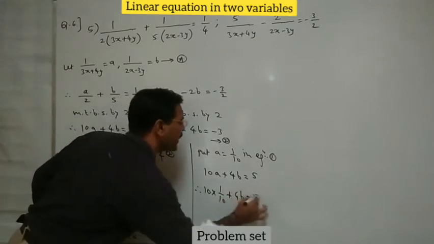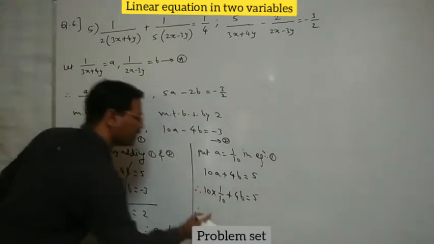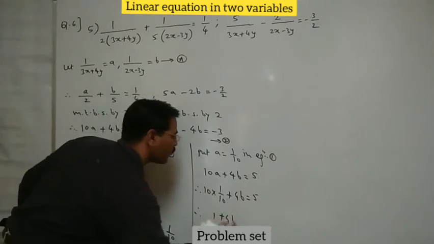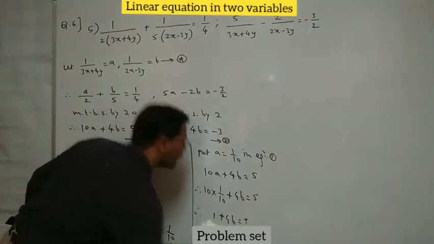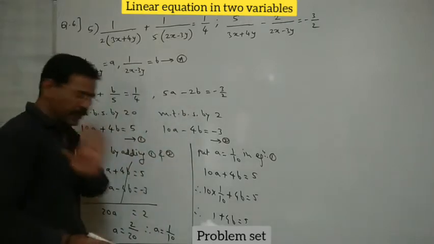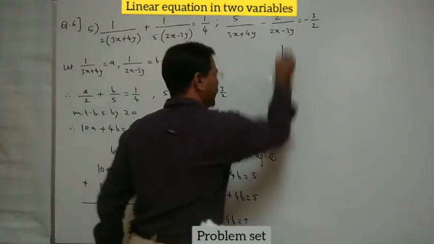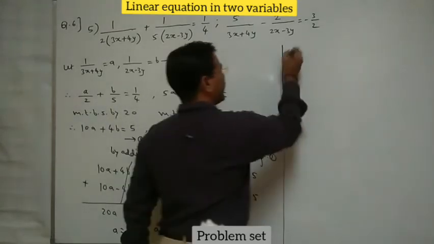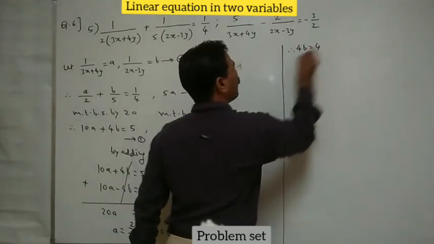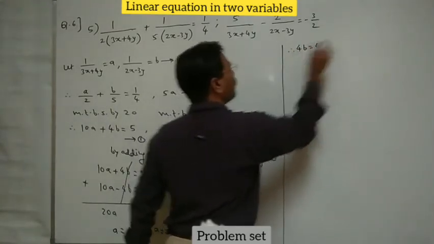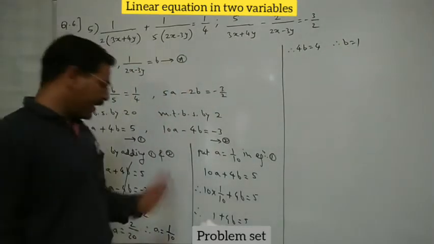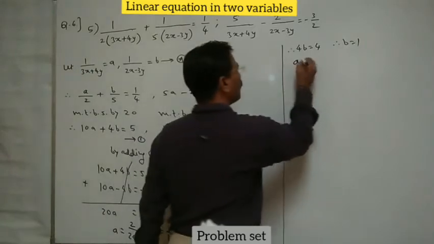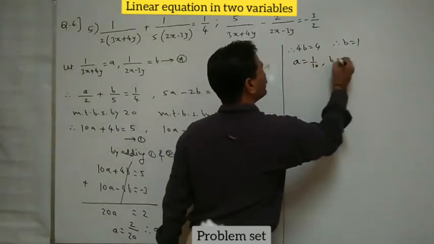So this 10 is getting cancelled now. Okay? So we'll get here 1 plus 4b is equal to 5. So 4b is equal to 5 minus 1. Understanding now? Therefore, we'll get here 4b is equal to 4. Therefore, b is equal to, tell me how much? 1. Okay? Like this, a is equal to 1 upon 10. b is equal to 1.